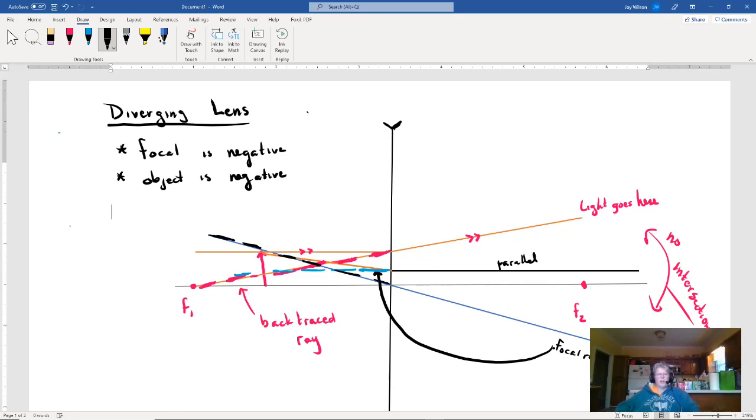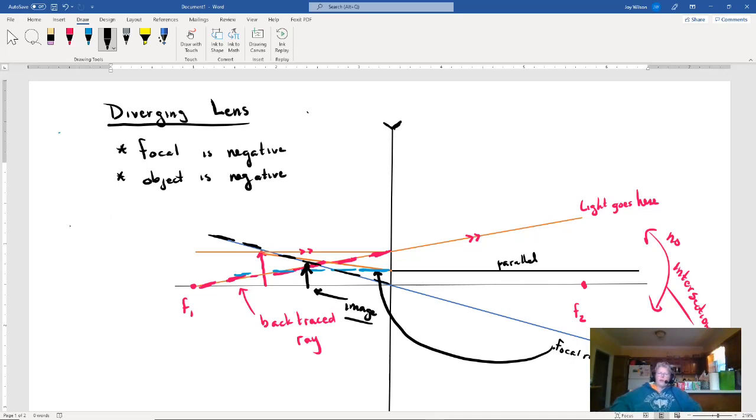We have to see where all three of those intersect, and it looks to me like it's going to be maybe a little further over. Right in here somewhere. So this will be our image.